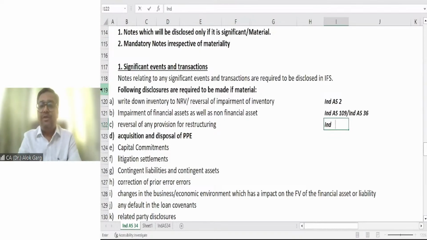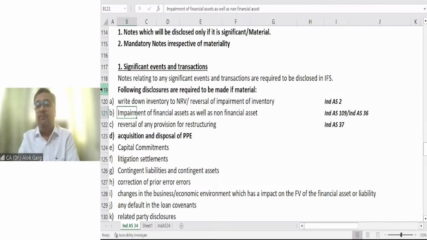You will read the concept of provision for restructuring in Ind AS 37. Why am I writing the numbers and names of these Ind AS? Probably you are thinking, sir, we don't know what a provision for restructuring is, or how to compute the impairment of financial assets. You will read all these concepts in your respective Ind AS.